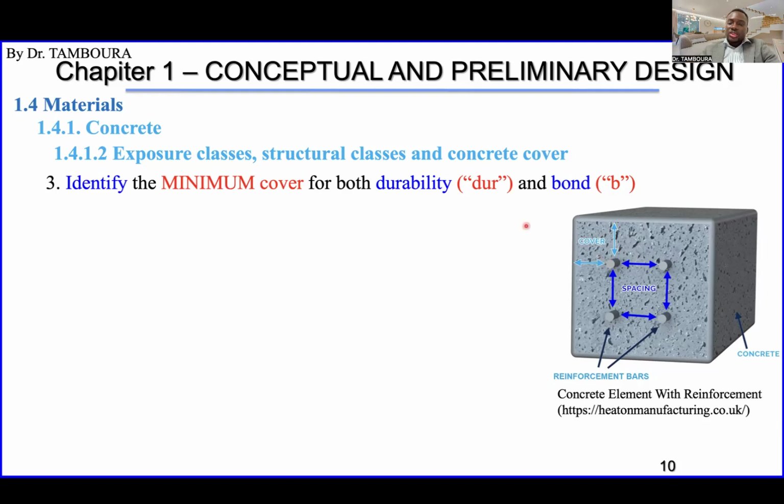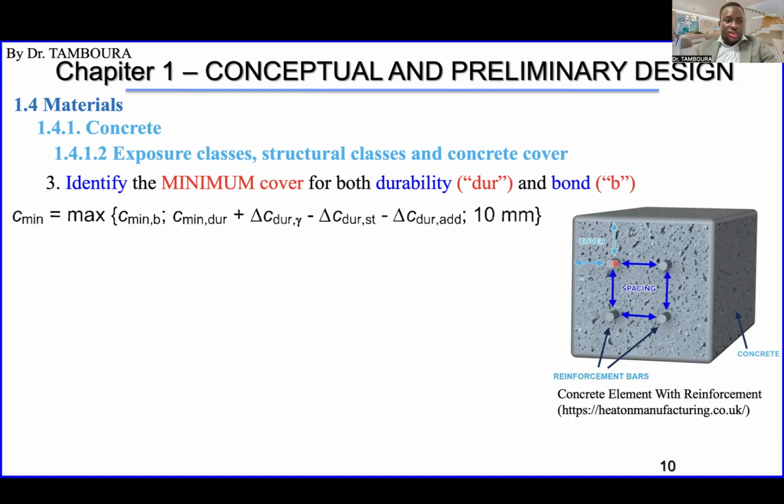So there is a minimum cover for durability. If you want the durability of the steel bar, there is a minimum cover you need to adopt, and also for the bond between the concrete and the steel bar. If you want a good bond, you also need a minimum cover.